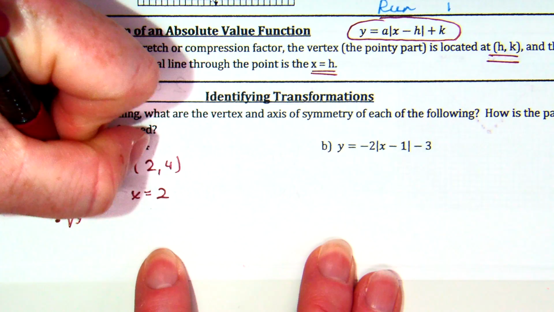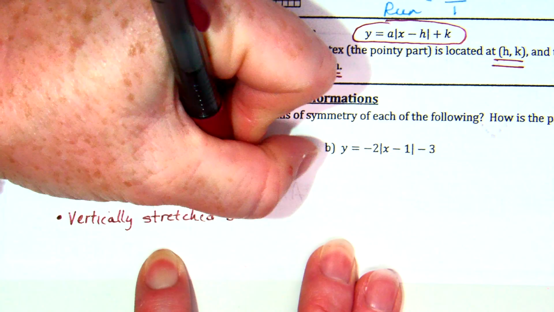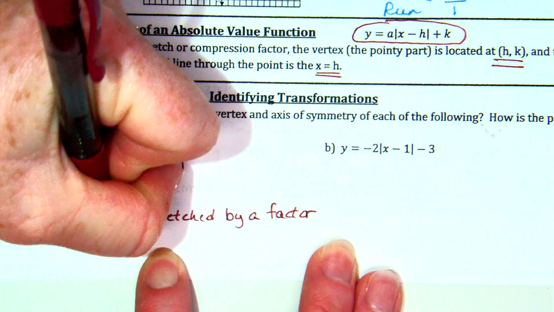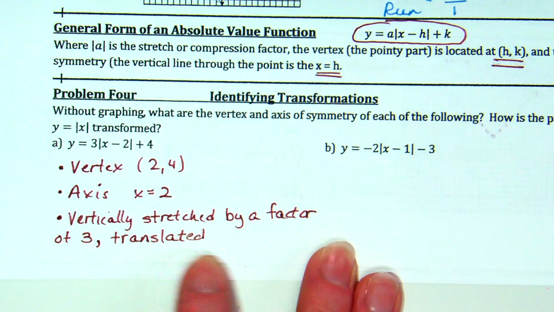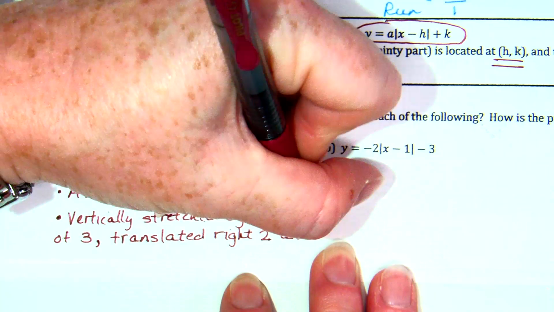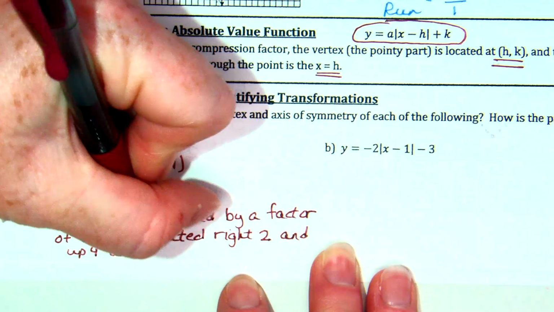So I'm going to say vertically stretched by a factor of 3, translated, what did we say? Right 2 and up 4 units.